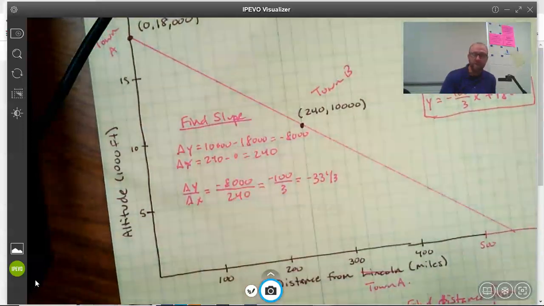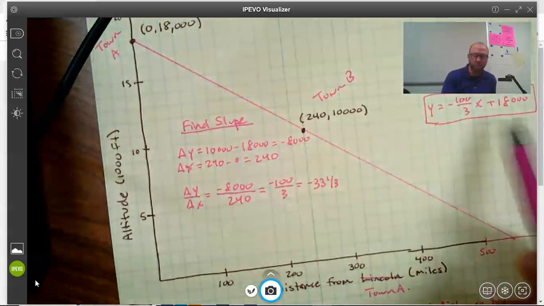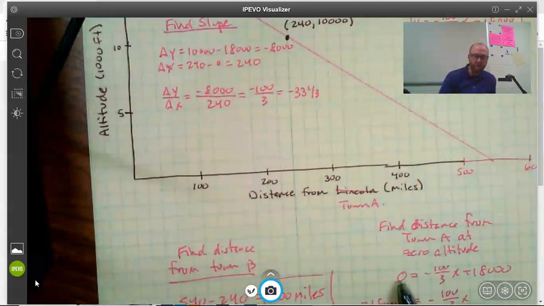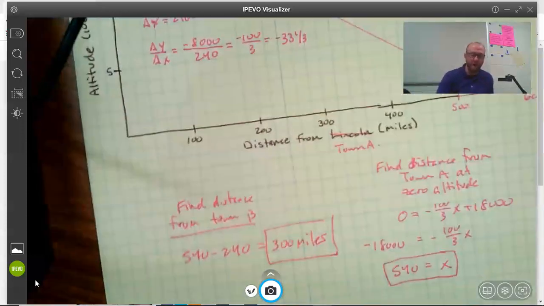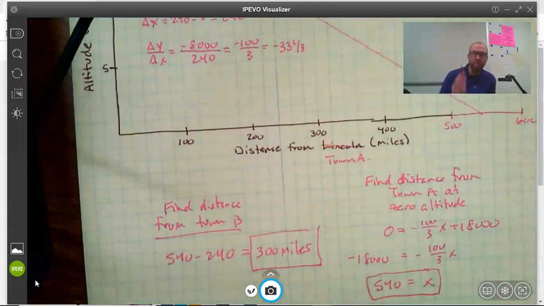So we used that information to set up our slope. Then we wrote an equation in slope-intercept form, since we knew the intercept that was given to us in the problem. Then we just had to substitute in 0 altitude for y, solve for x. We got 540 miles, which is where we anticipated it would be.